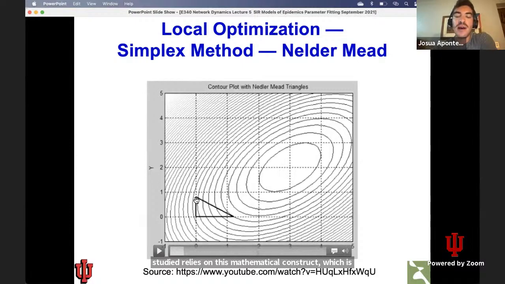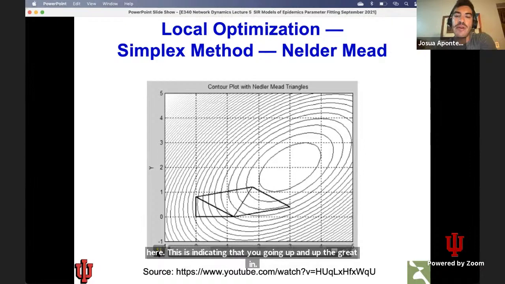The way it works is that it chooses 3 points in the parameter space, and based on information on these 3 points, it determines how to move. It makes the simplex evolve in such a way that at some point it reaches the minimum. You can see an example. Assume that in this contour plot, the minimum point is down here, and this indicates that you're going up the gradient.